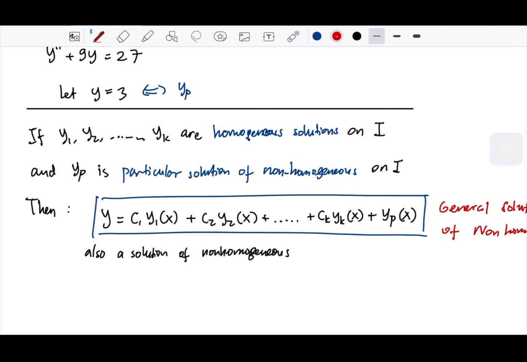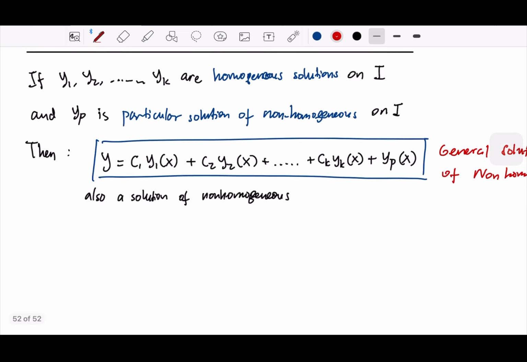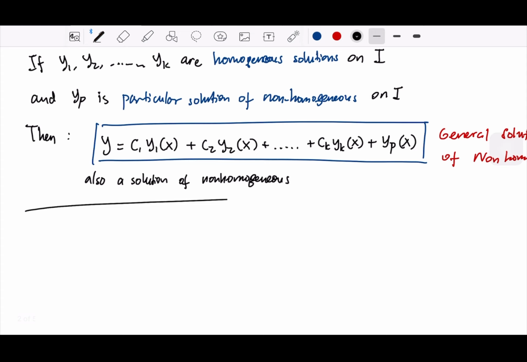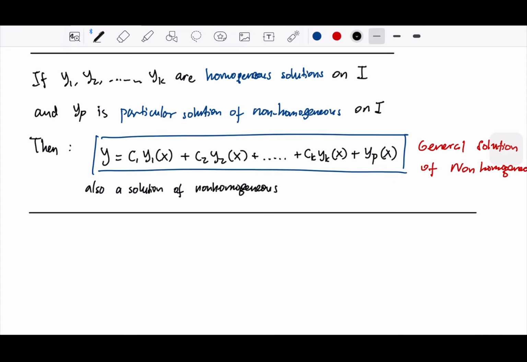Okay, so the general solution will contain the homogeneous part and the particular solution. Now this homogeneous part, we can simplify and just call it the complementary function or complementary solution. Later I will always write it below. So it's called the complementary function.